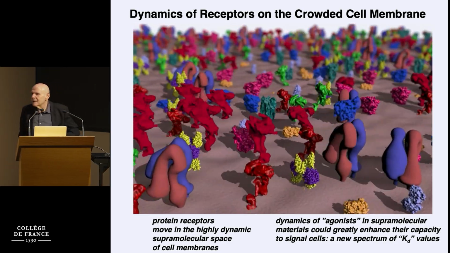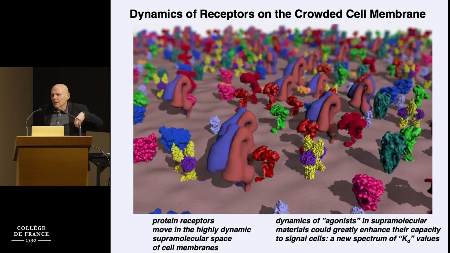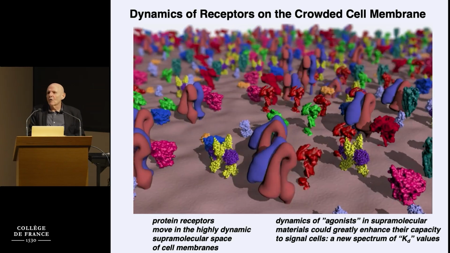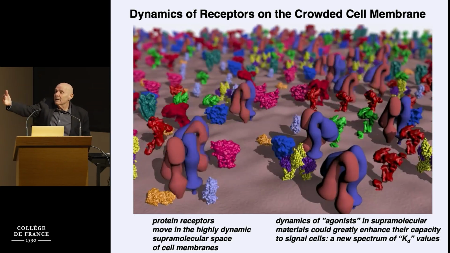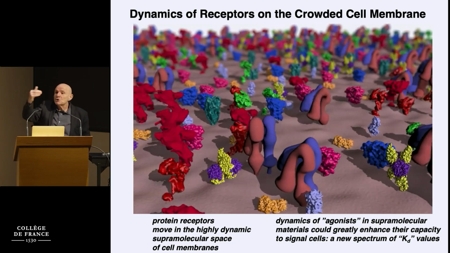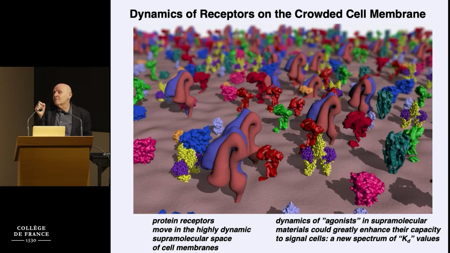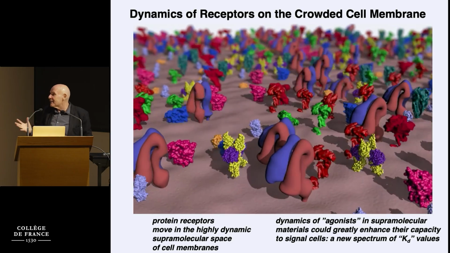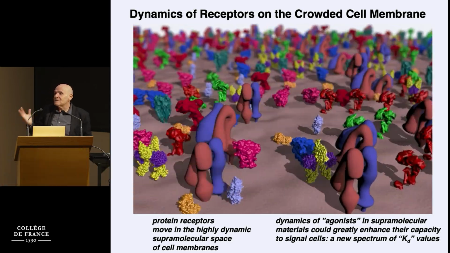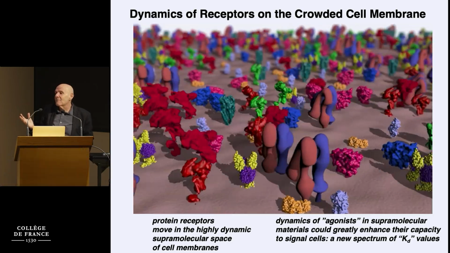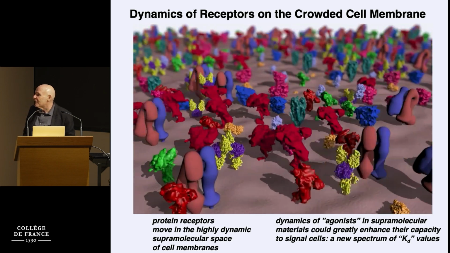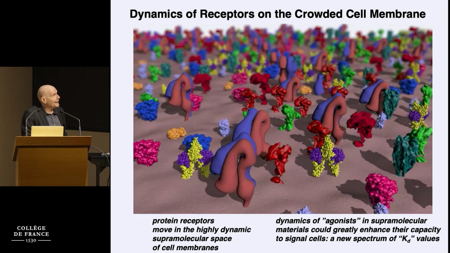Because they are moving very rapidly, and so, of course, what you're signaling with, which is the supramolecular system, should be moving also a lot, and changing KD values depending on how dynamic the system is. So in some systems where they're not very dynamic, the KDs are going to be completely different from those in very dynamic systems.